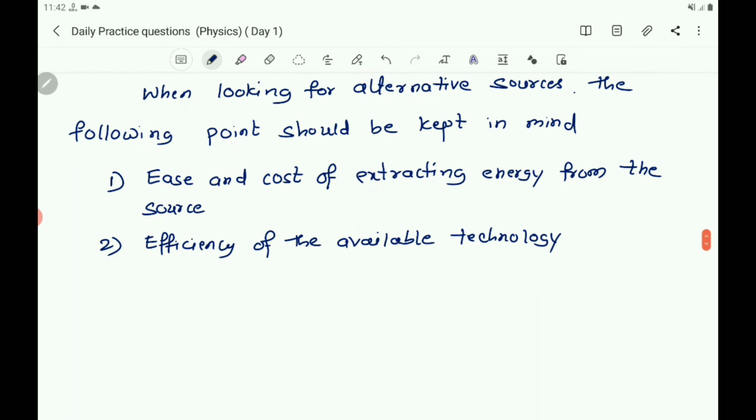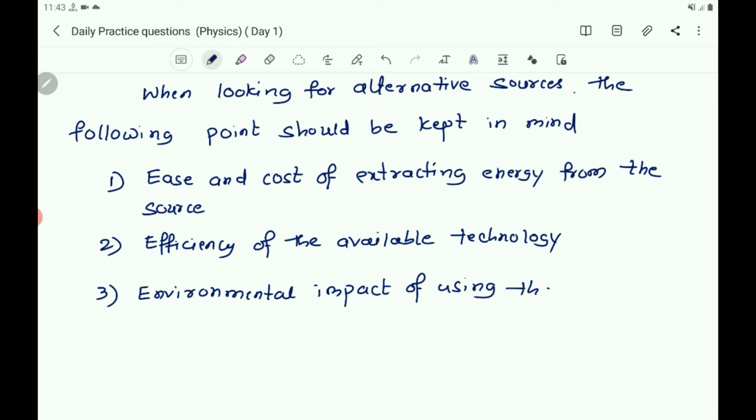Third one, environmental impact of using that source. These are the points that should be kept in our mind while looking for different alternative sources.